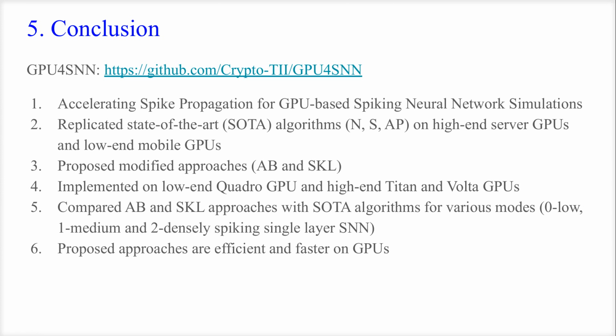We implemented the SOTA and the proposed algorithms on low end and high end server GPUs. The low end GPU is Quadro, and the high end are Titan and Volta GPUs. We compared the AB and SQL algorithms for low spiking, medium spiking, and densely spiking single layer SNNs, and found that the proposed approaches are quite efficient and faster on GPUs.